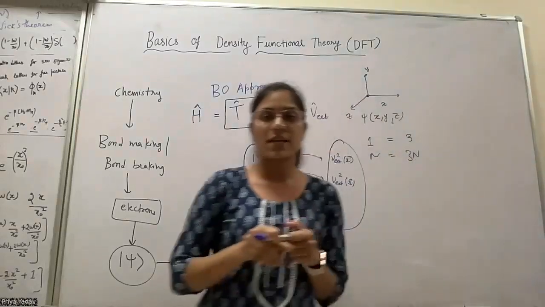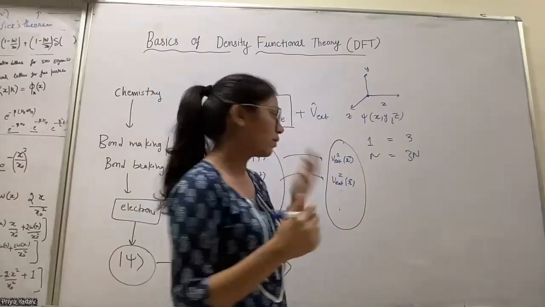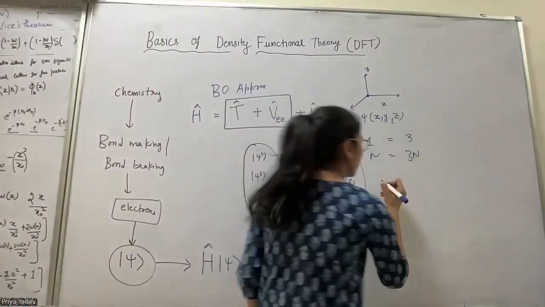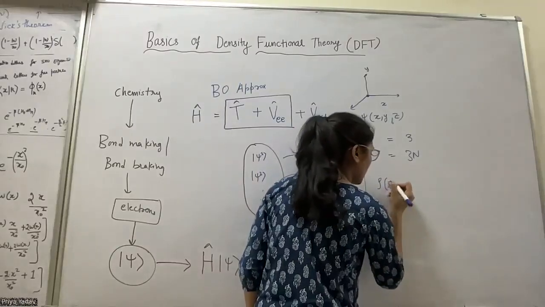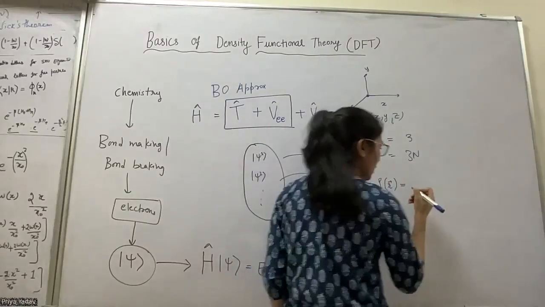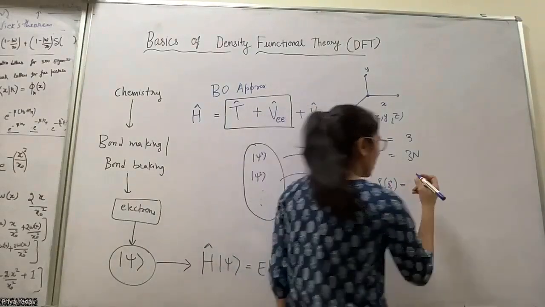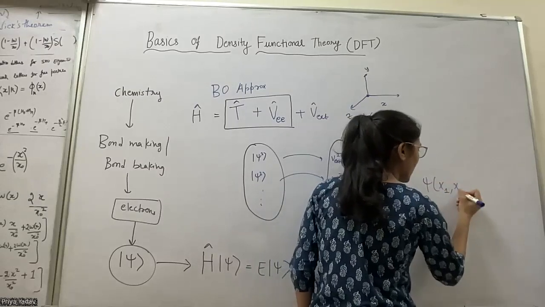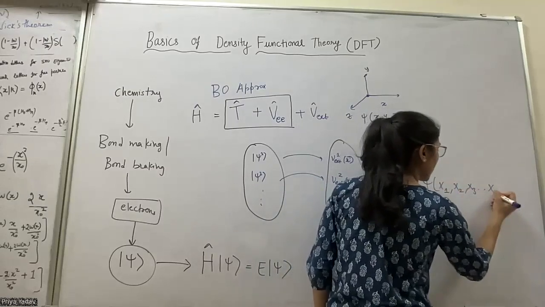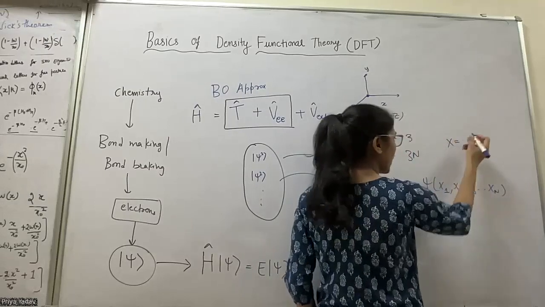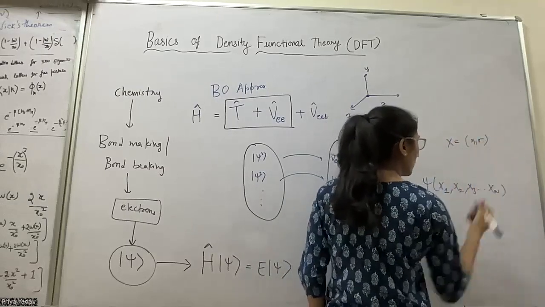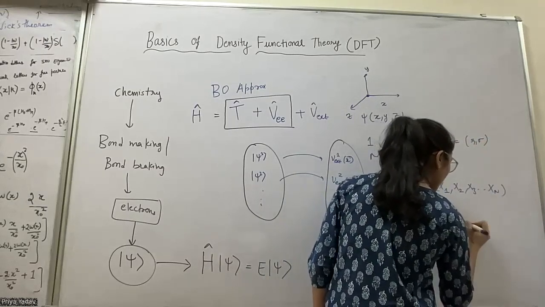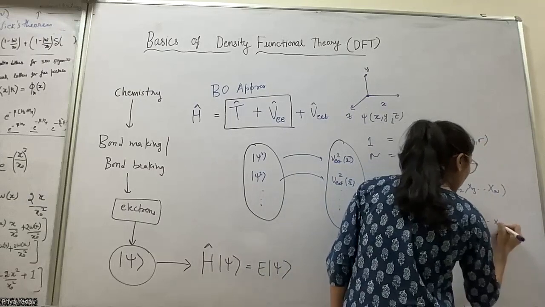So what we use is the reduced density. The electron density is written as n times psi star psi over x1, x2, x3 up to xn, where x is r and sigma.